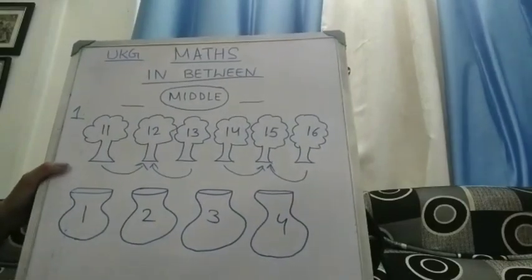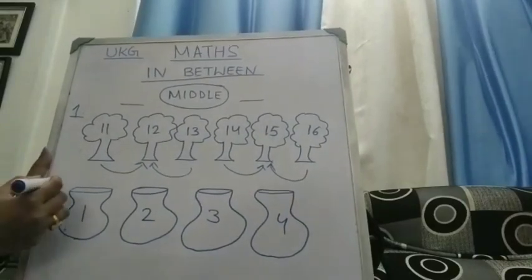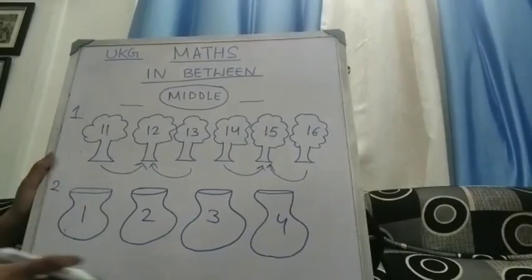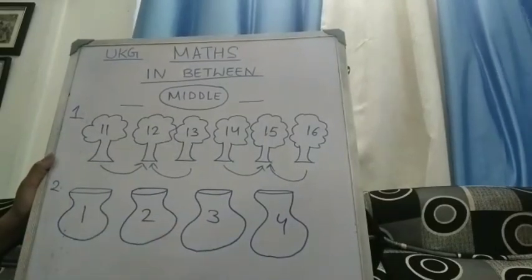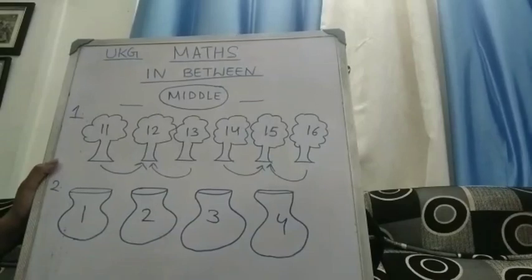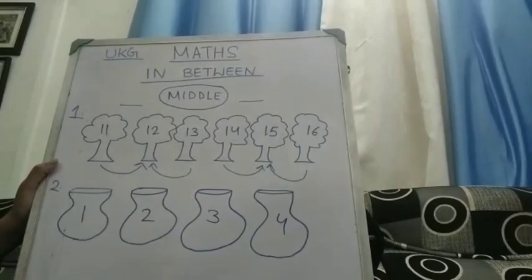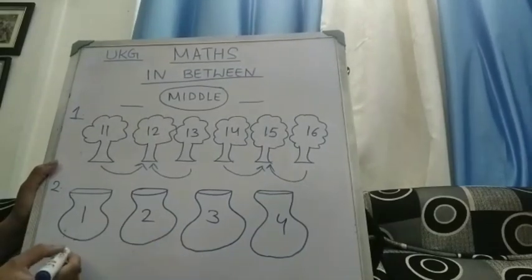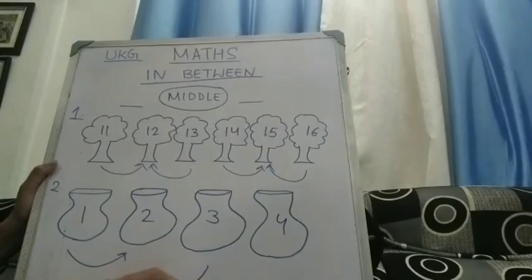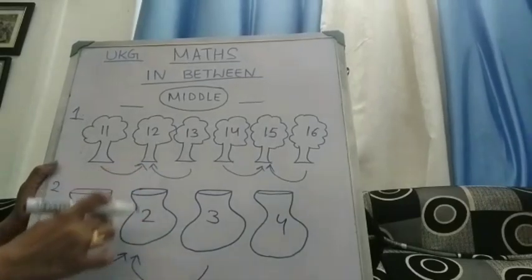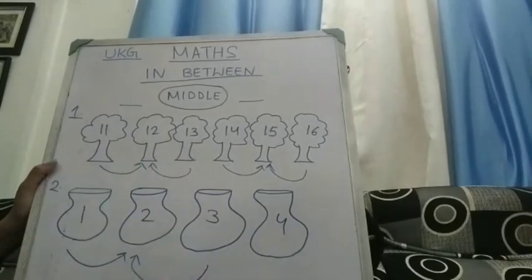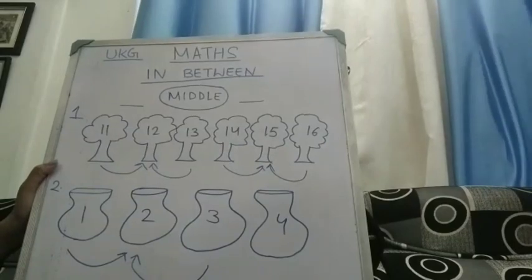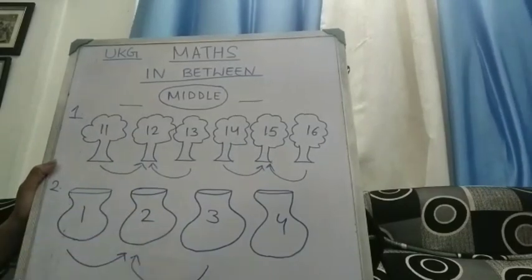Next, see number 2, you can see 4 pots are there. If I ask you, which number comes between 1 and 3? Tell me which number. 2 comes in between 1 and 3.